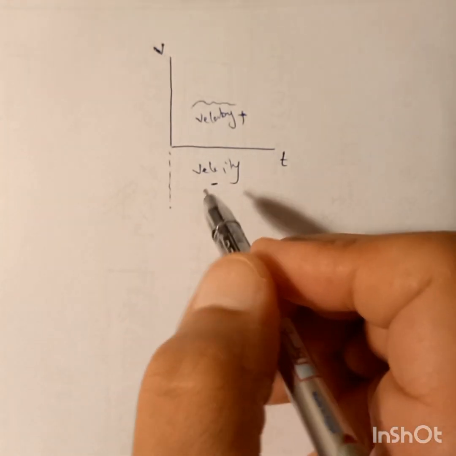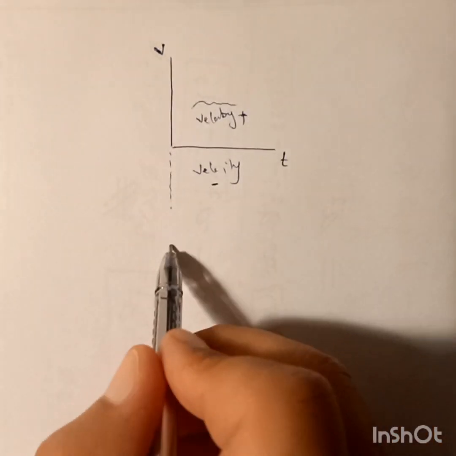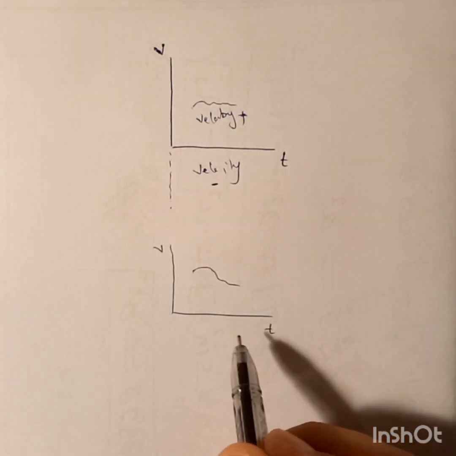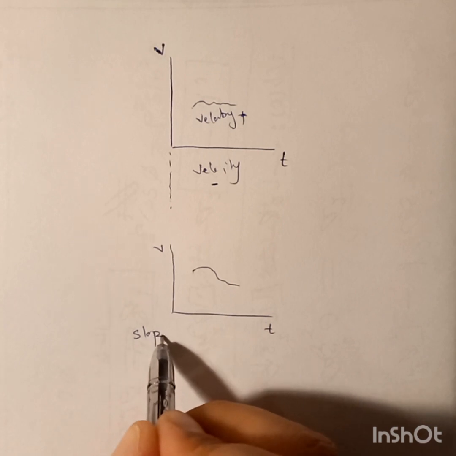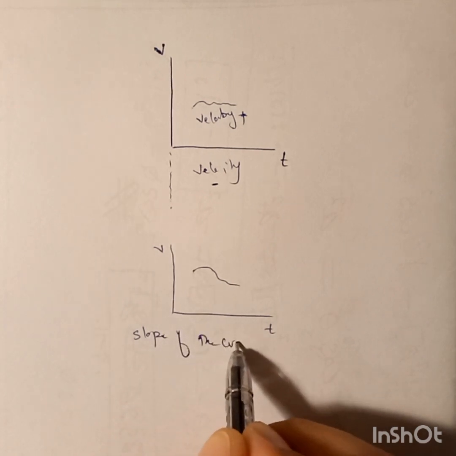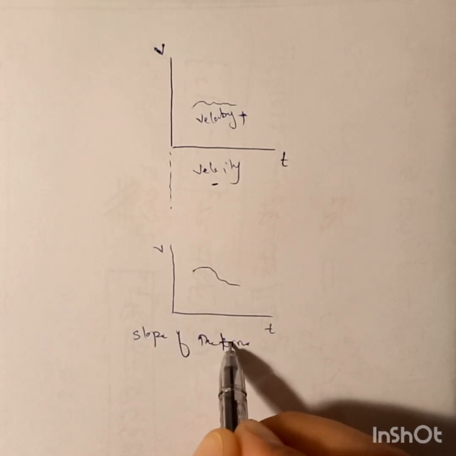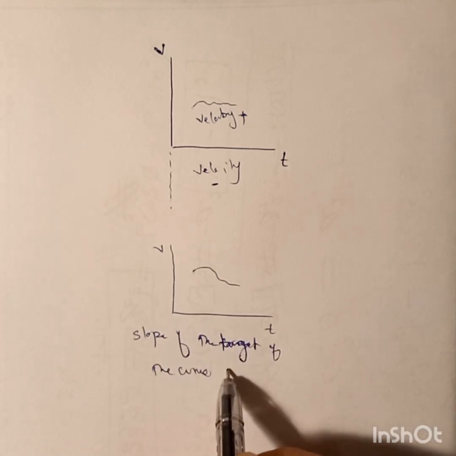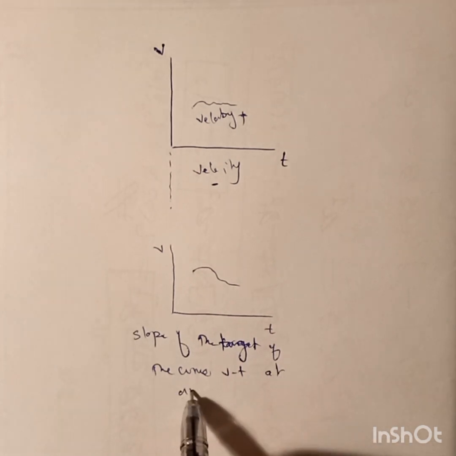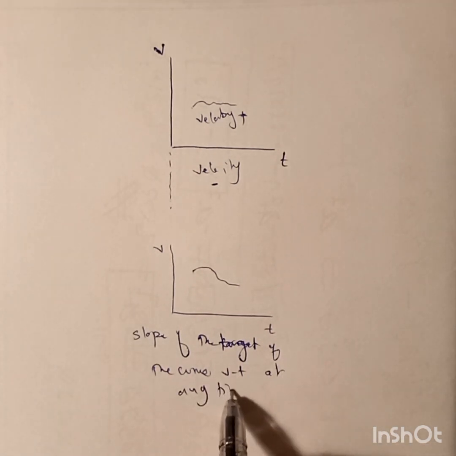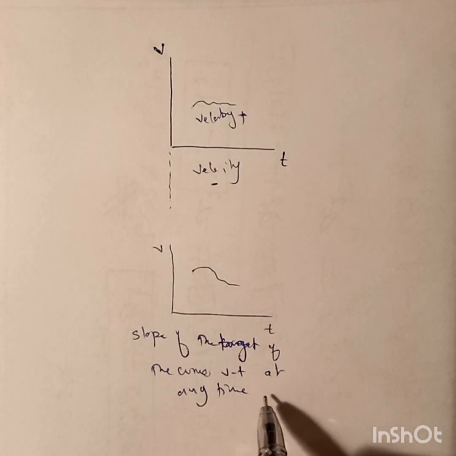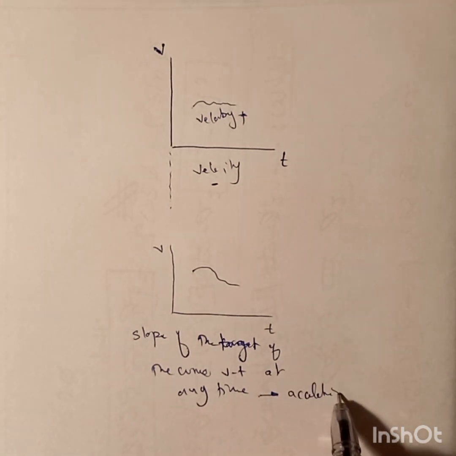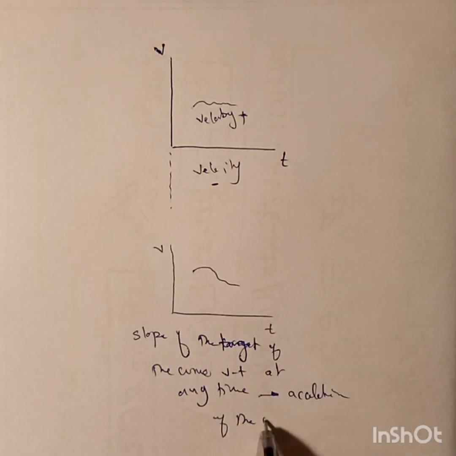Also, if we have, for example, this curve in V-time, then the slope of the tangent of the curve VT at any time or moment represents the acceleration of the motion of this body.